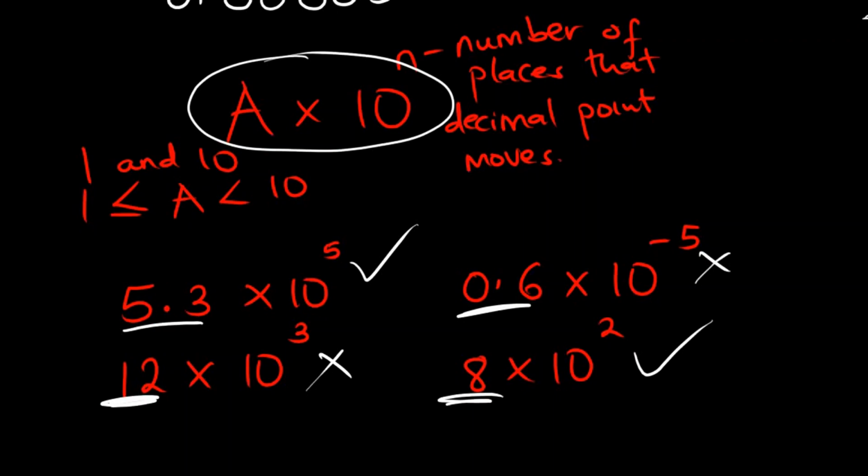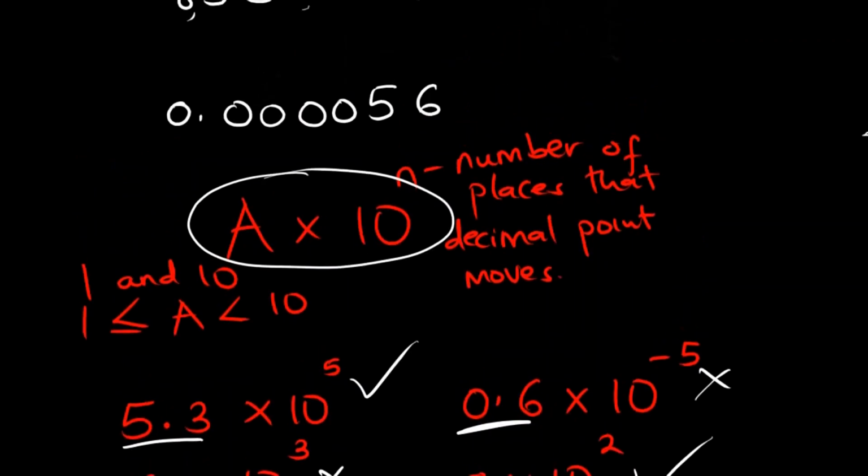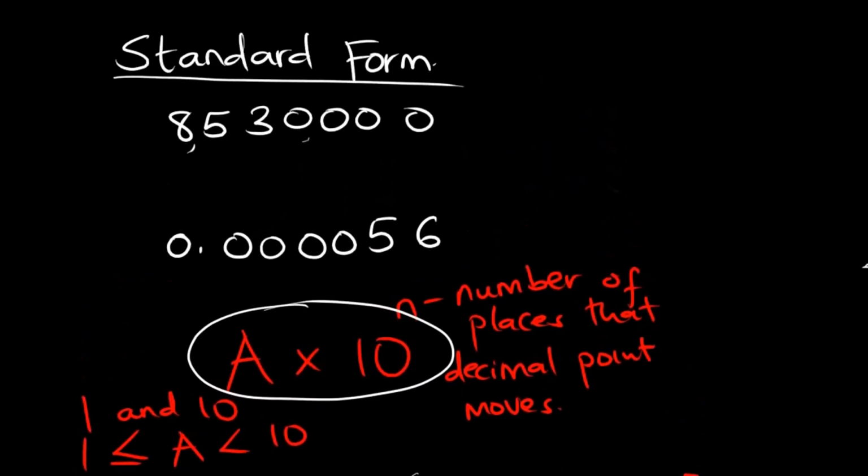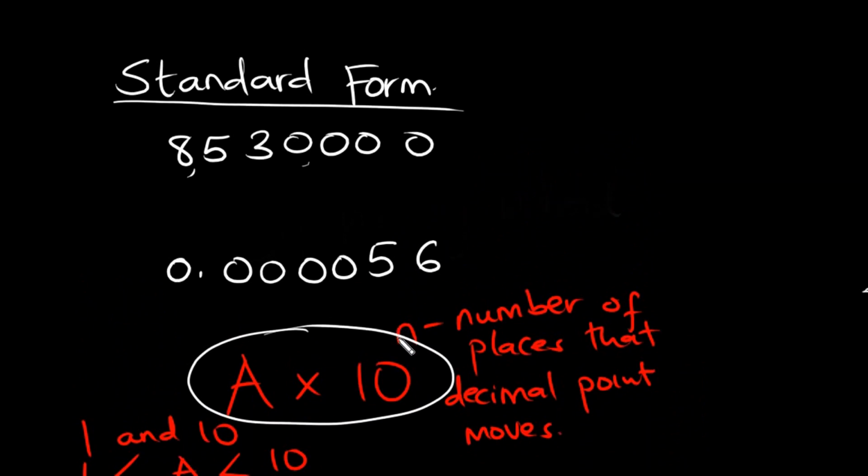So I want us to go back to the numbers that I had written at the top here, and try and write them in standard form. Now, before we look at those examples, I told you that this n can either be a negative number or a positive number.